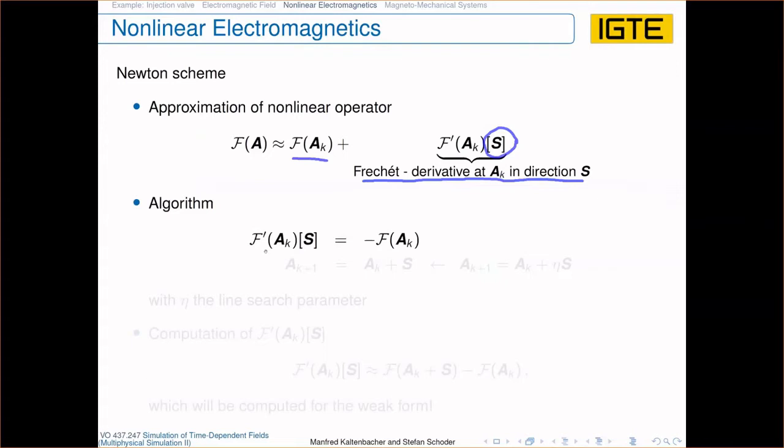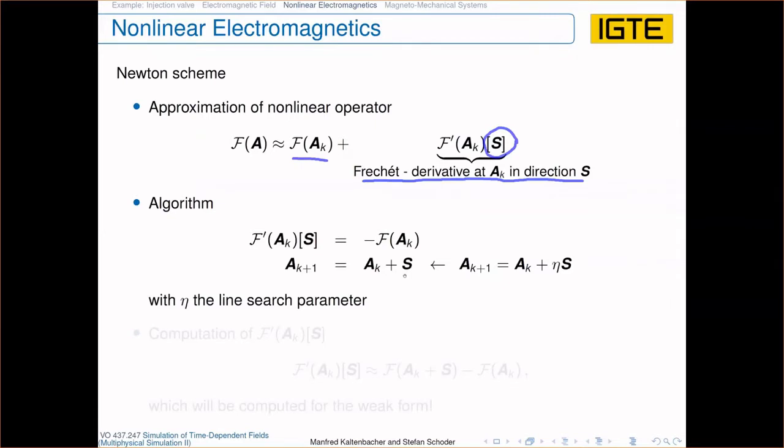So we have to solve this equation here. We set the nonlinear operator, clearly, to 0. So the error we make will be the higher order derivatives we are not including. And having solved this, we can get a new iterate A at the iteration k plus 1, which is the old one plus the increment, or this search direction.